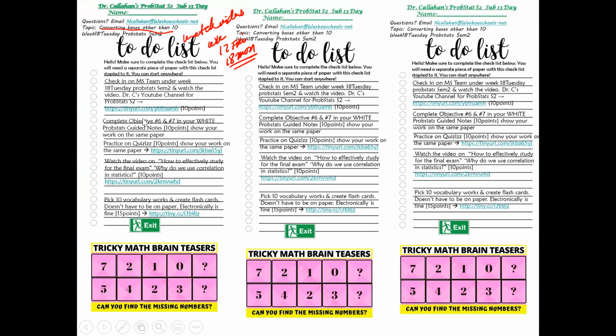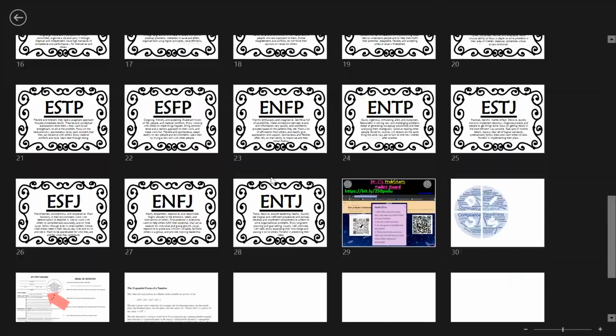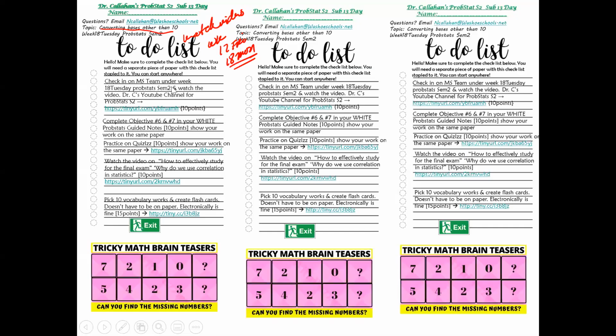Second, I want you to complete objective number 6 and 7 in your white guided notes. That one actually looks like this. Give me 1 second, let me pull that up.